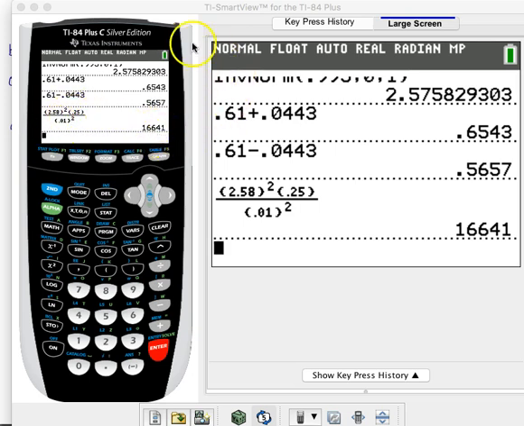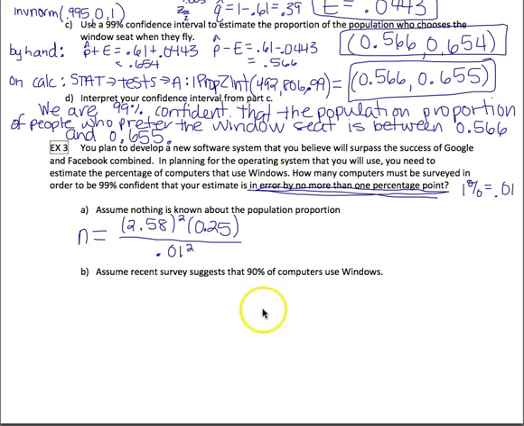This one happens to come out as a whole number, and so we can say 16,641 would be the number of computers that we would need to survey in order to be 99% confident. If we change the confidence level, that would change our z sub alpha over 2, which would change some of these values. So the less confident you want to be, the smaller the sample size needed.